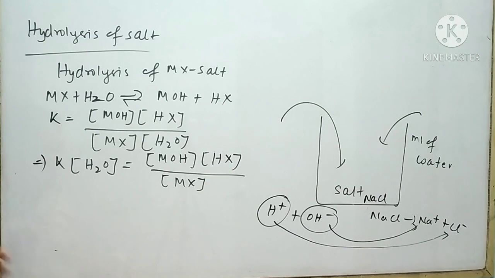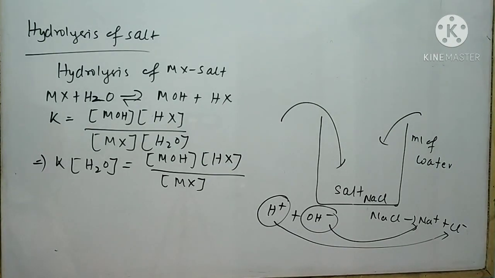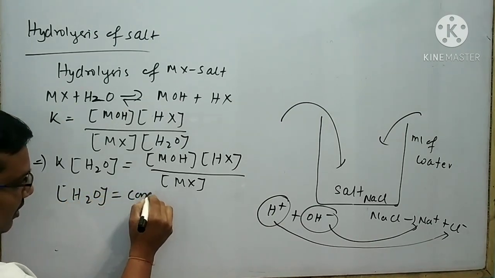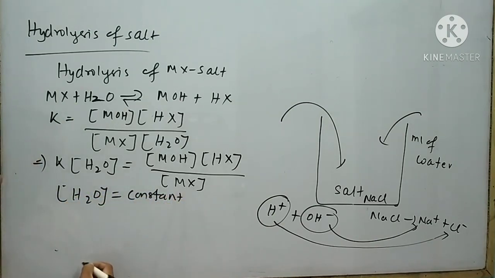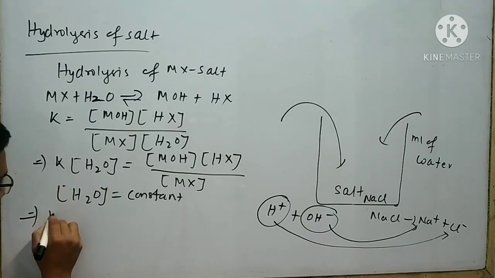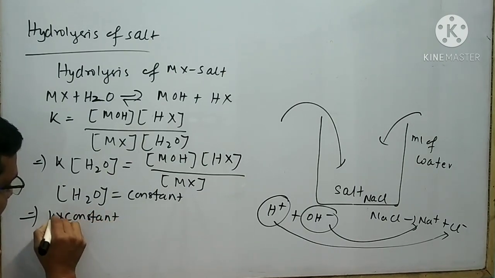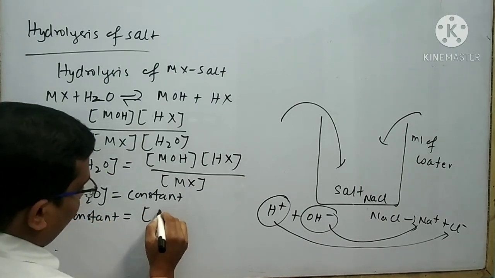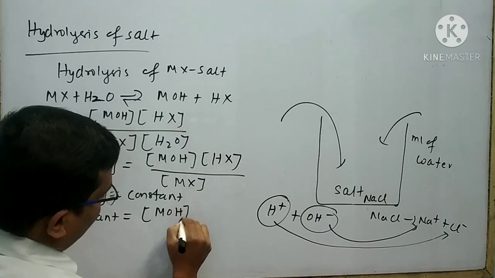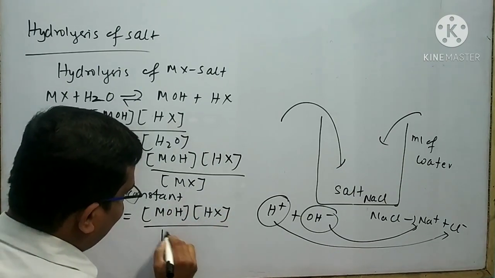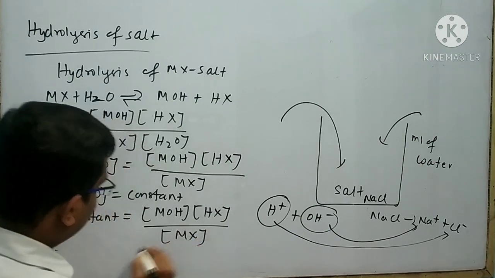We know that water is taken in excess amount in a solution. So remember, the concentration of water is constant. Now I can write here: K into constant equals molar concentration of MOH into molar concentration of HX divided by molar concentration of MX.